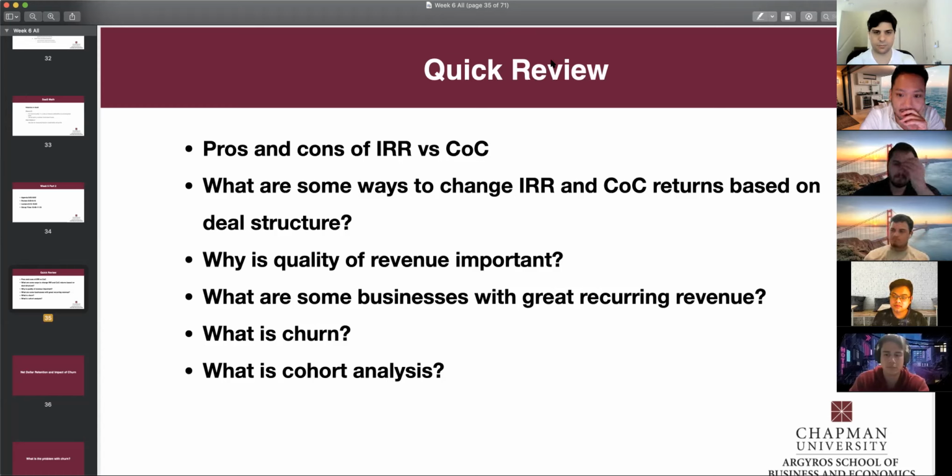Quality of revenue. Why was this important, and what kind of revenue structures were there? The higher the quality of the revenue, the more excited the investors get. So they want to see contractual recurring revenue typically, and then you got non-contractual underneath that, and then just recurring.